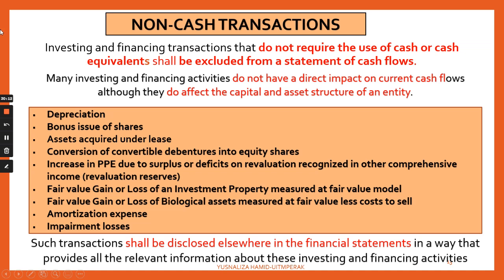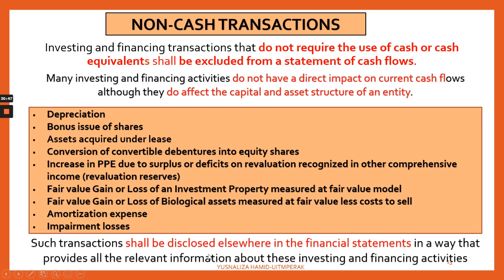If these non-cash transactions are included in the statement of profit or loss, then when you prepare the statement of cash flow, you will notice that these adjustments have to be made. Examples are amortization expense on intangible assets, and impairment losses on non-current assets, intangible assets, PPE, or investment property that adopts the cost model.